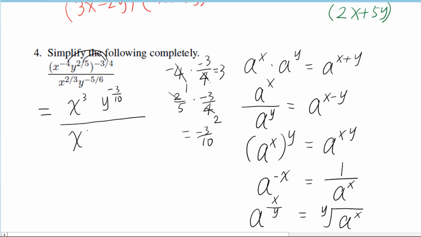Then here's x to the 2 over 3rd power, y to the negative 5 over 6th power. This time you got to use division of a power. We subtract the exponents, so that you will get 3 minus 2 over 3. And y, that's negative 3 over 10 minus negative 5 over 6.